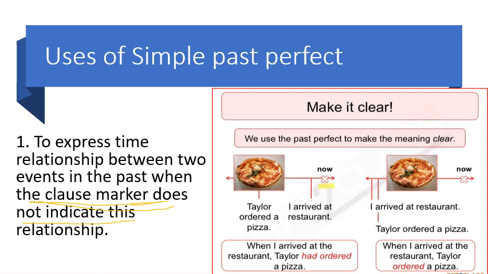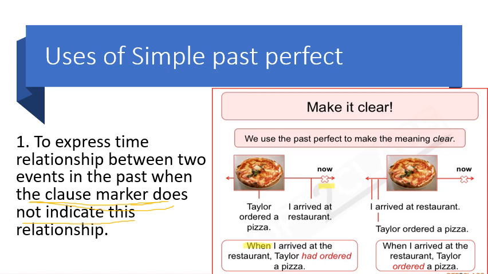And we have Taylor who ordered pizza and I arrived at the restaurant. If you look at the picture of the pizza, it happened earlier, before my arrival at the restaurant. When I arrived at the restaurant, Taylor had ordered pizza. My time expression, or the clause marker, is when.